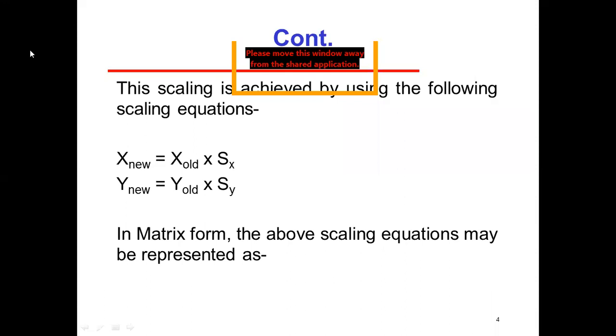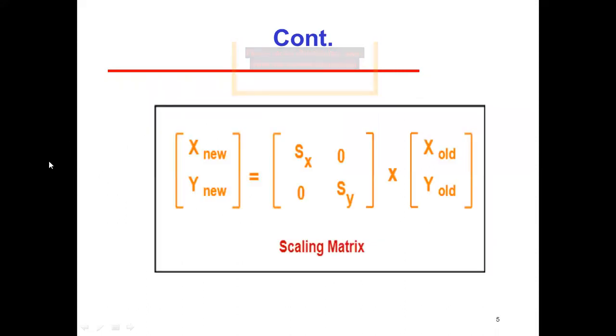Now, how will you represent these equations in matrix form? I am talking about these equations: x new is x old sx, y new is y old sy. How will you represent them in the form of a matrix?